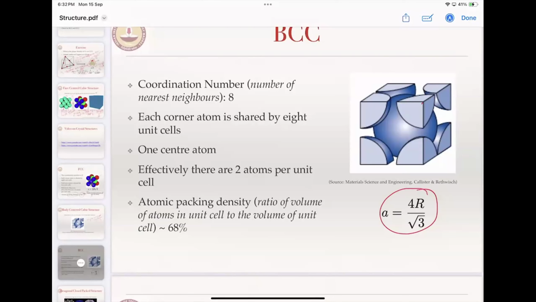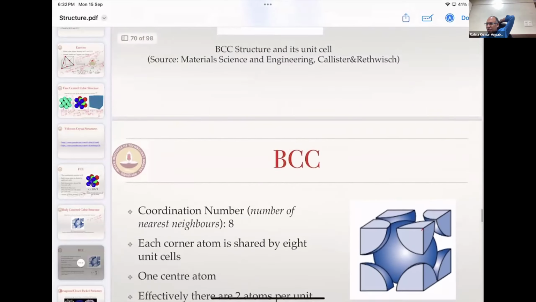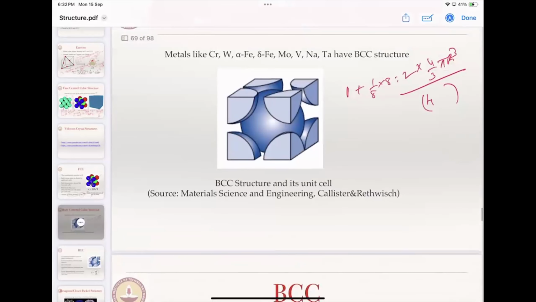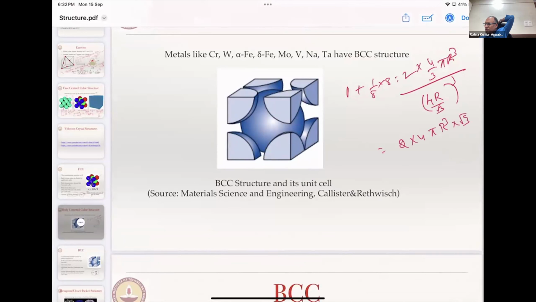Therefore r is equal to root 3 a by 4, or a is equal to 4r by root 3, whole cube. So 2 into 4 pi r cube into root 3 into 3 divided by 4 cube r cube. r cube gets cancelled. 4 square, that is equal to 2 pi 6 root 3 pi divided by 16.